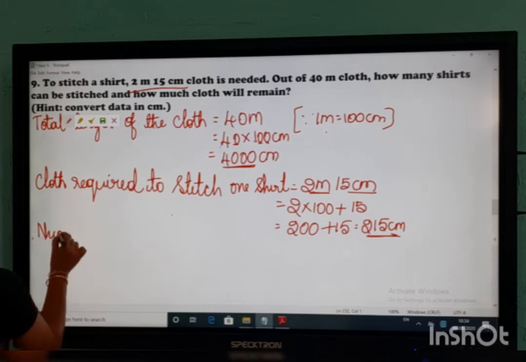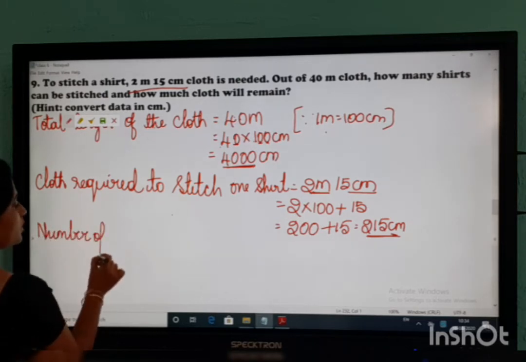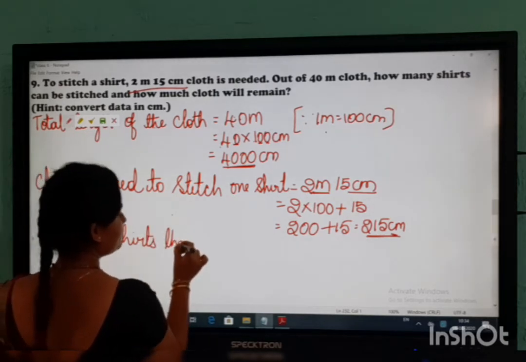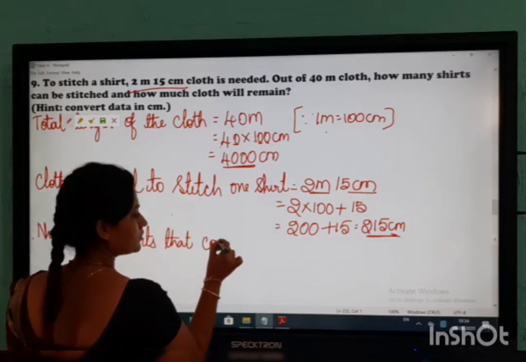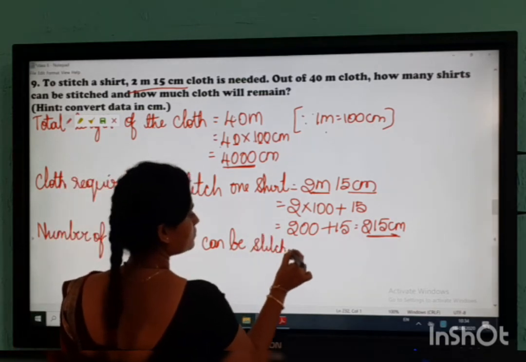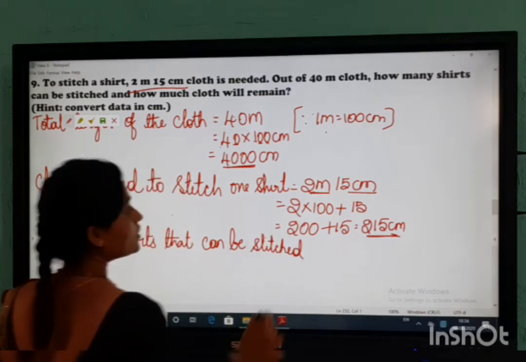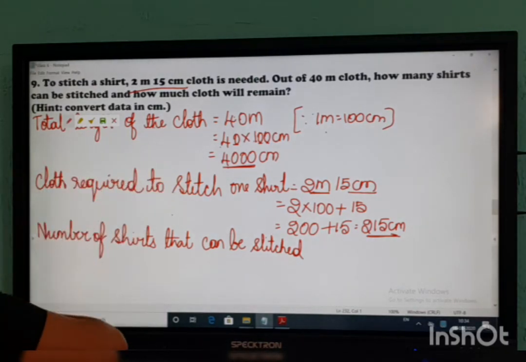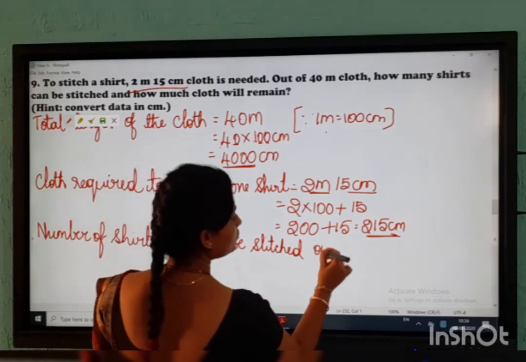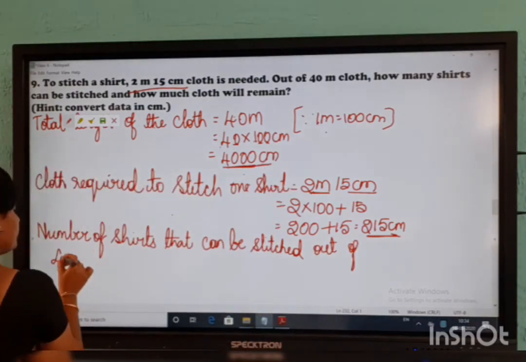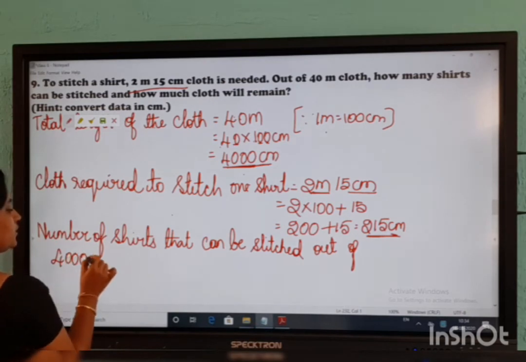Now, number of shirts that can be stitched. Number of shirts that can be stitched out of how much, children? Out of 4000 centimeter.